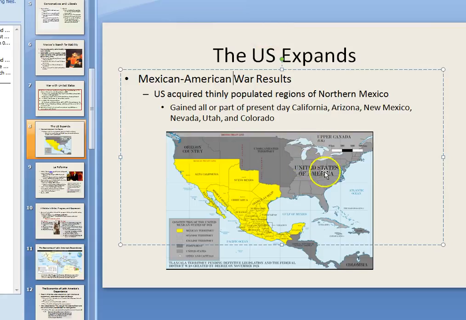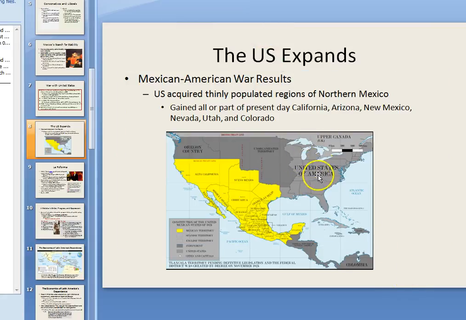So on this map, you see the United States over here. We eventually get the Louisiana Territory. We get Oregon country. But all of this area in yellow was part of Mexico. So Mexico lost a lot of territory.